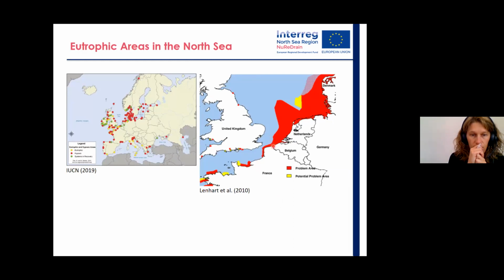As you can see here, we have problem areas near the coast at the Benelux states. So in Belgium, we have the potential to reduce phosphorus loads from agriculture, and that's what we try to achieve in our project.